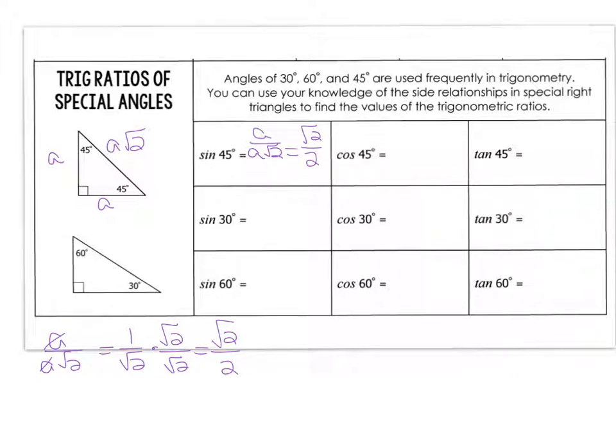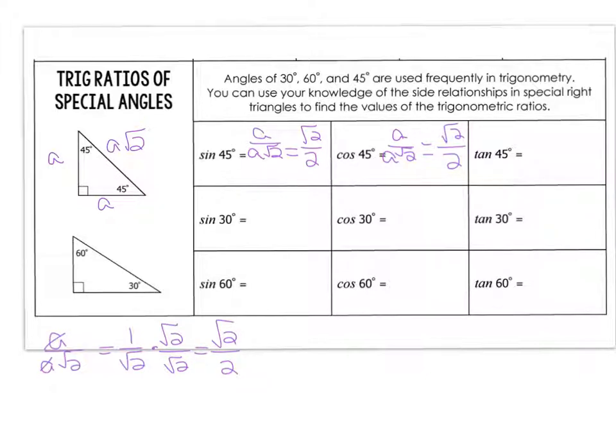You can figure that out, but if you memorize it, it'll make life a little easier as we go along. Now, look at the cosine of 45 degrees. Here's 45 degrees, here's my adjacent, that's A, over my hypotenuse, A root 2. Guess what? It's exactly what sine is. So the square root of 2 over 2. The sine of 45 degrees and the cosine of 45 degrees are the same because those two sides are congruent, right?